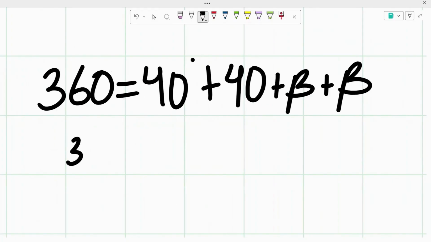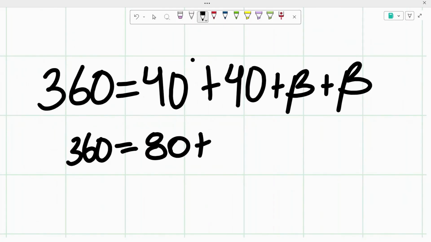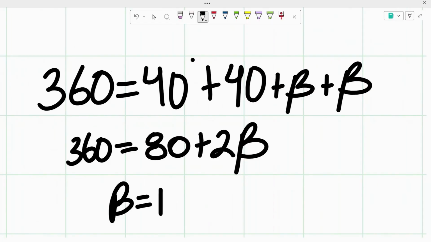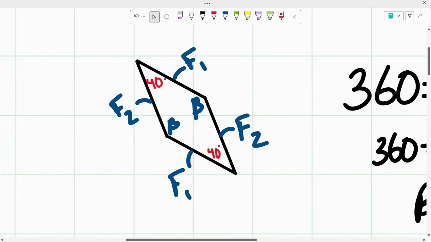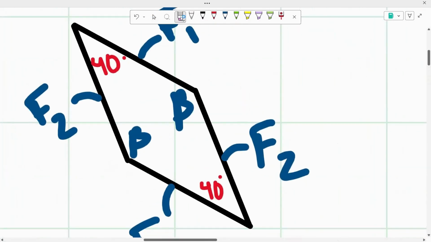So then you have 360 is equal to 80 plus 2 beta. And that gives you beta is equal to 140 degrees. So now we found the value of these two angles right here, which is 140 degrees.